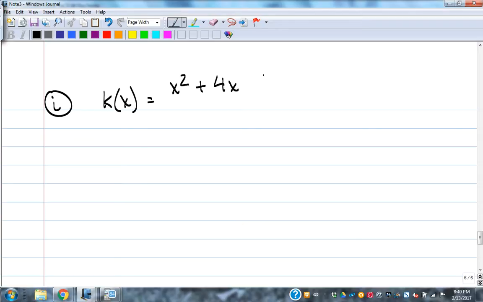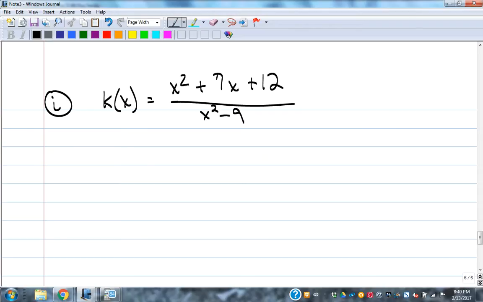I'll make that 7x. I'm making one up on the fly here. I didn't like the example that I've got written, so I'm just making one up. And then x squared minus 9. Yeah, that's a good one. Perfect. Beautiful.